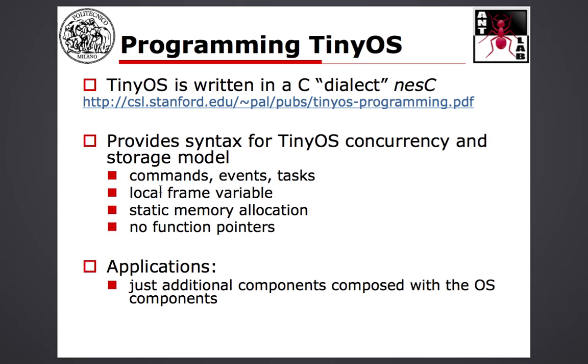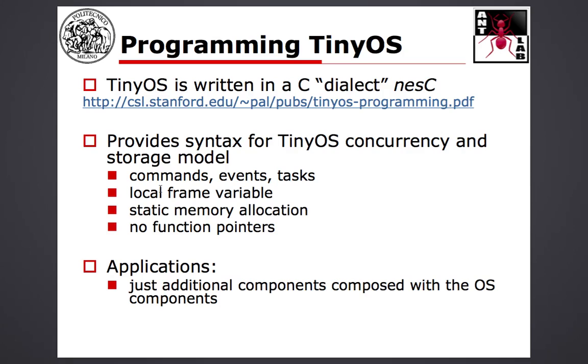And when we talk about an application, which may be compared to a C program, we are basically talking about additional components which we write and which we add to the operating system. These components are created starting from basic components.